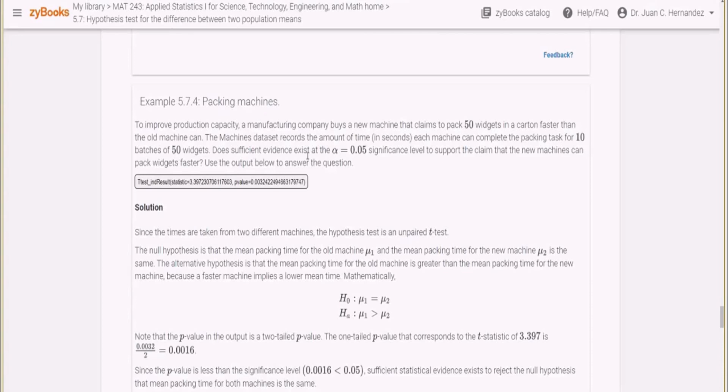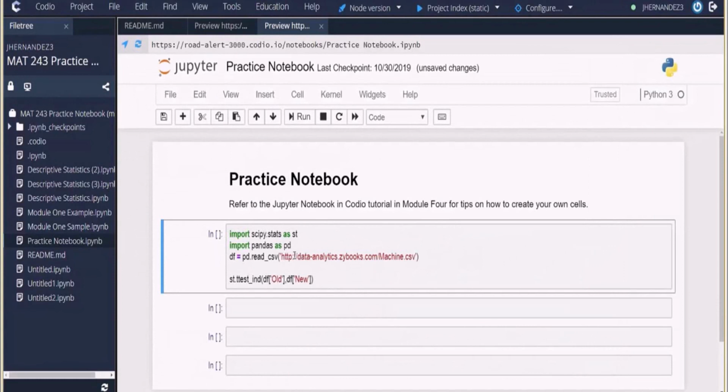So let's do this example in Python and see how this works. So this time we will use the ttest_ind method. This is the method to perform the independent t-test. This is again imported from the scipy.stats submodule.